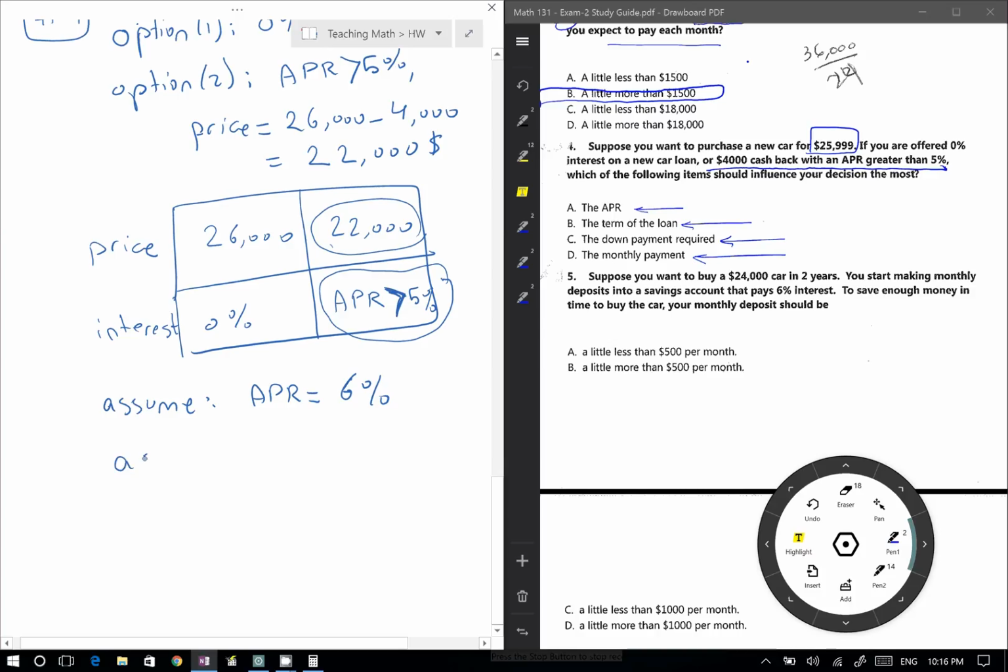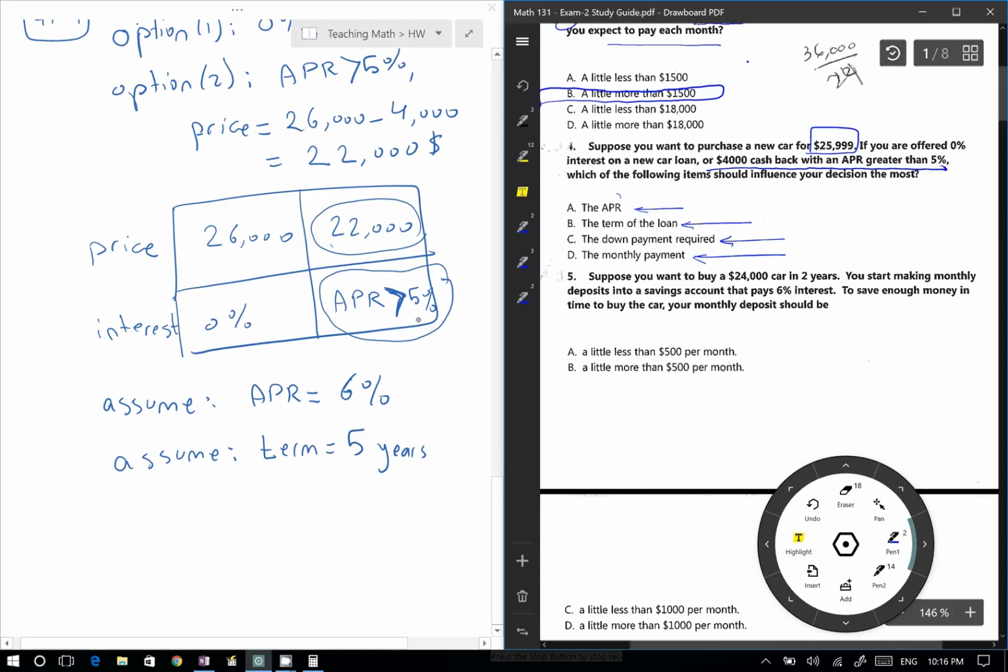And we have to assume a certain term. Let's say 5 years. Now, I'm trying to see if the APR is the most decisive factor or if it is the term of the loan.